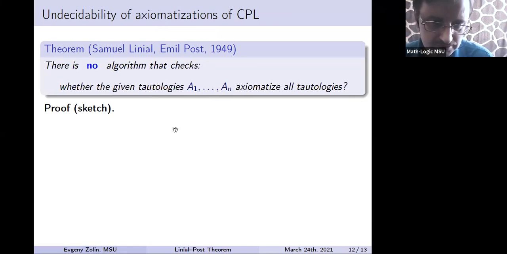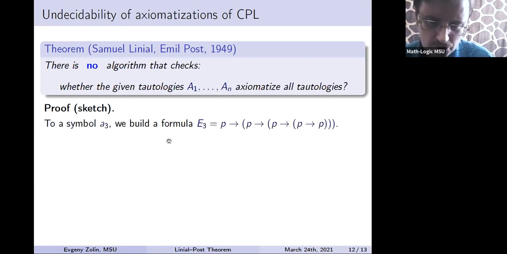This is done approximately as follows. We encode symbols A1, A2, A3 by very easy formulas. For example, A3 will be represented as the formula with P, P, P here 3 times, and then P implies P. This will be the same in all formulas. So 3 indicates how many P variables are here. To every symbol, we assign some formula. Moreover, it is even a tautology.